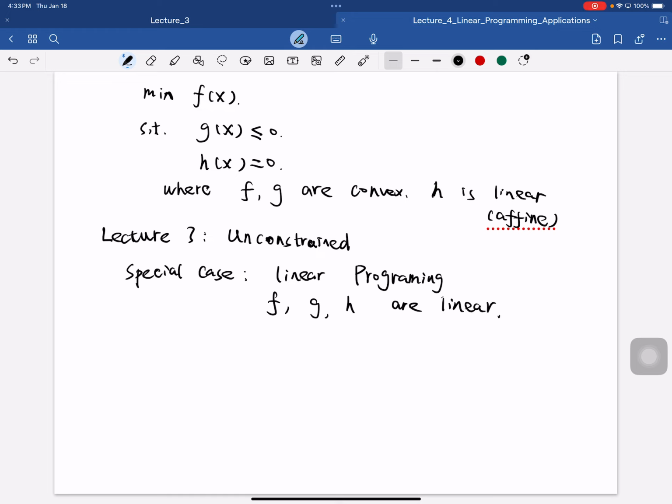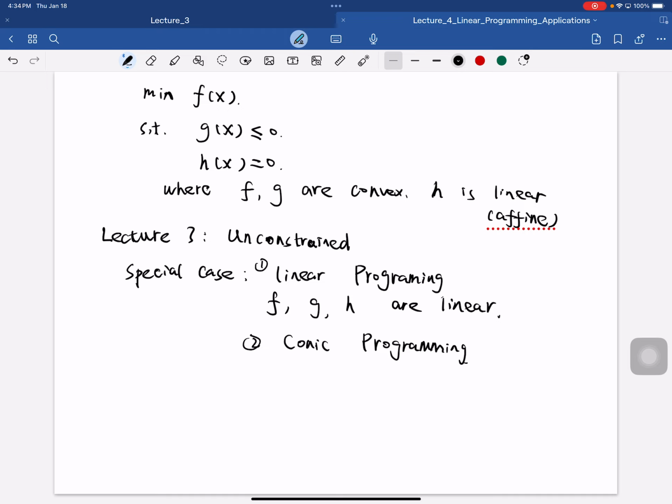Okay? As you can see, linear function is just a special case of convex function. It's very easy to see that. And another special case we will cover after linear programming is so-called conic programming. Okay, so conic programming is also a special case of convex optimization.